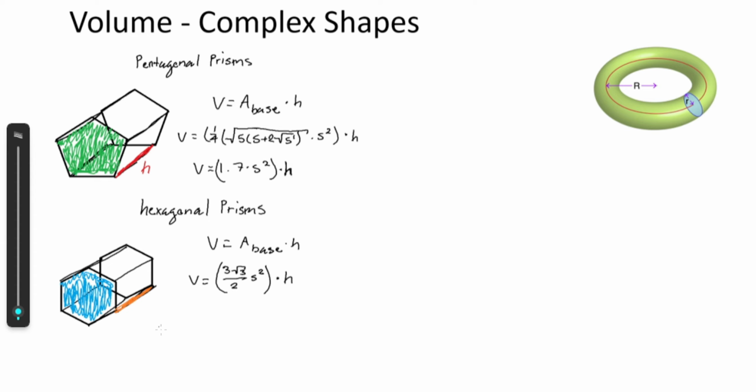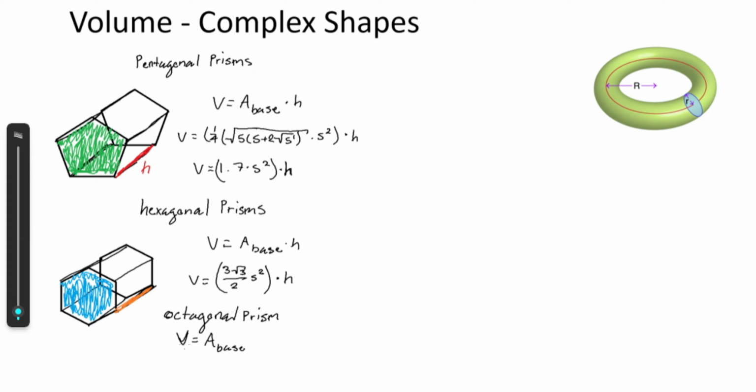So let's look at octagonal prisms. Since I don't have an octagon tool to actually draw a good octagonal prism, and I'm not good at that, if we look at octagonal prisms, it's just the same general equation.